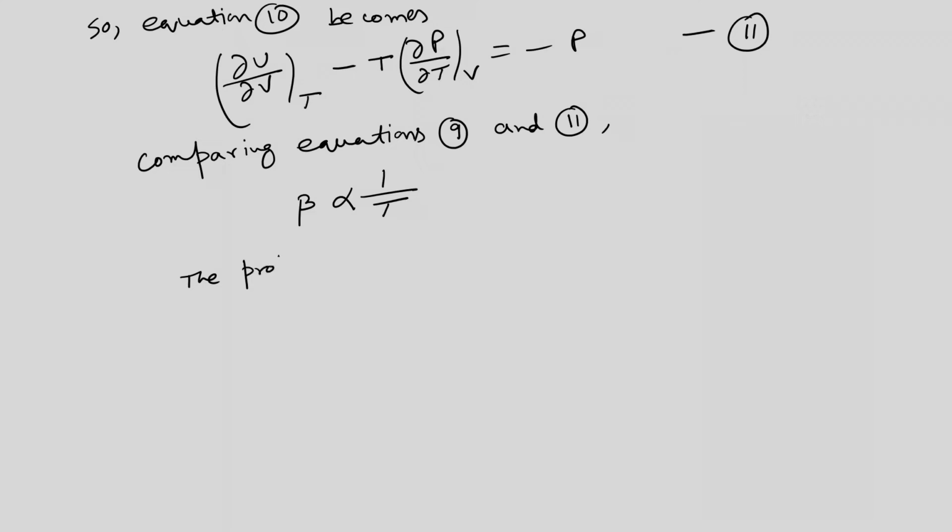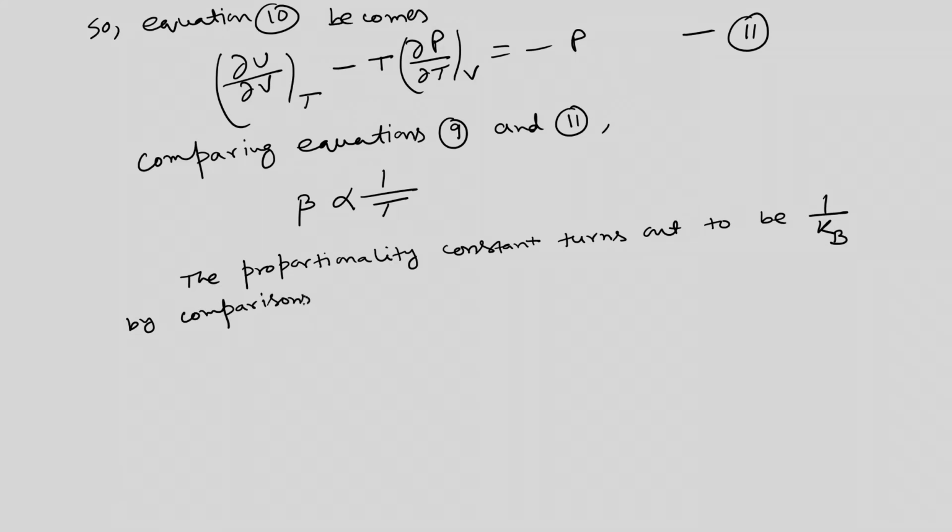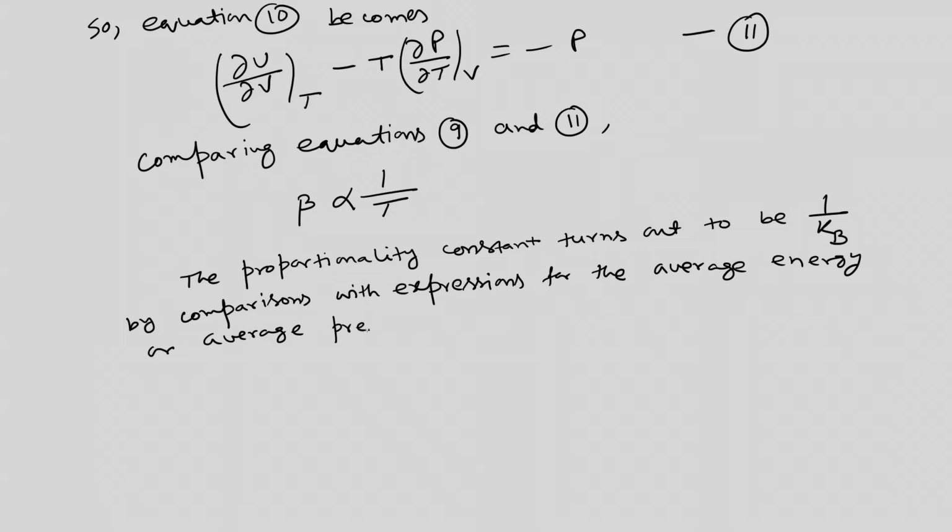The proportionality constant turns out to be 1 by k_B, by comparison with expressions for the average energy or average pressure with known thermodynamic equations.